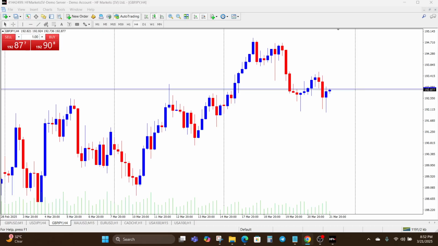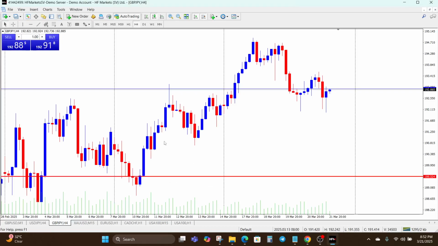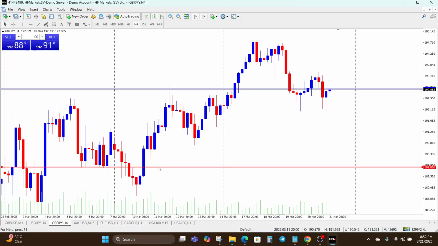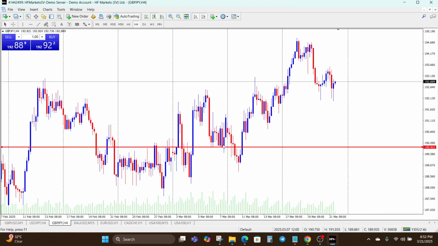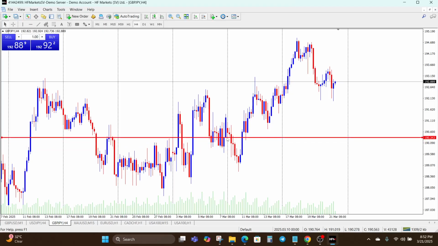All right. So let us talk about why stop loss and take profit levels are crucial for any successful trader. A stop loss that is too tight can get triggered too early. Imagine you enter a buy trade around here, and you are thinking that after this move it is going to reverse and go up, and then you set your stop loss just below here.